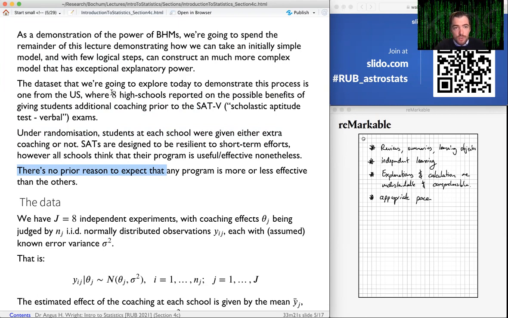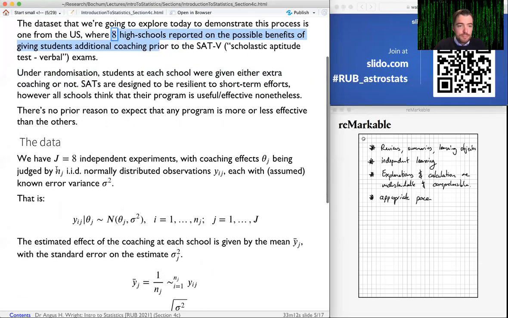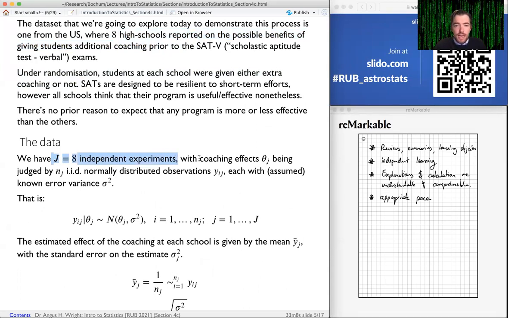We have 8 schools who have additional coaching prior to the SATs, and they report on the effect of that coaching. So we have J equals 8 independent experiments, and each of them is trying to measure a coaching effect, which we're calling theta_j, subscript j, for each of the schools.